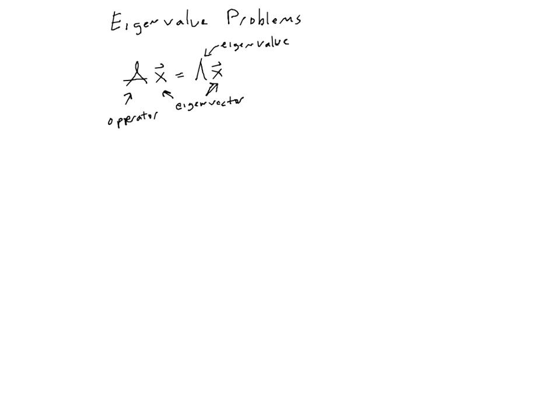And the neat thing about this is that for a particular operator acting on a particular eigenvector, you get particular eigenvalues. The reason this is useful to us is because this is essentially how quantum mechanics works.